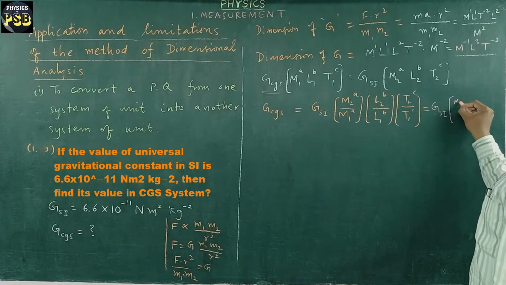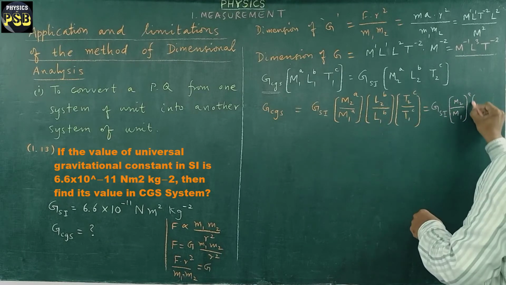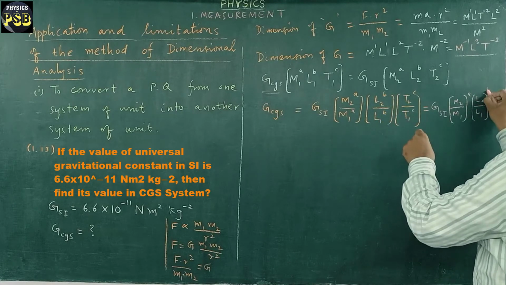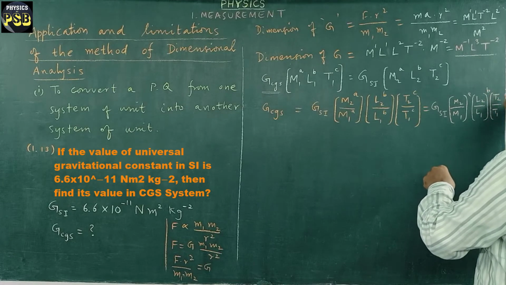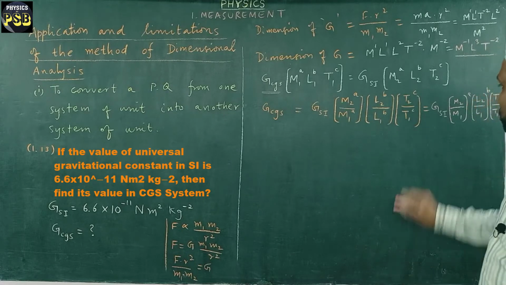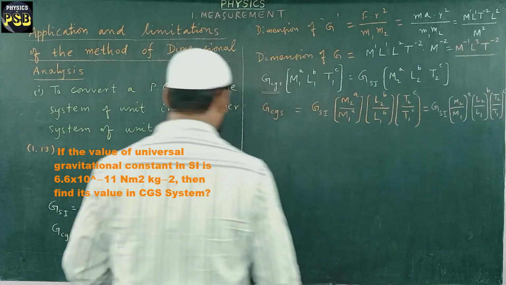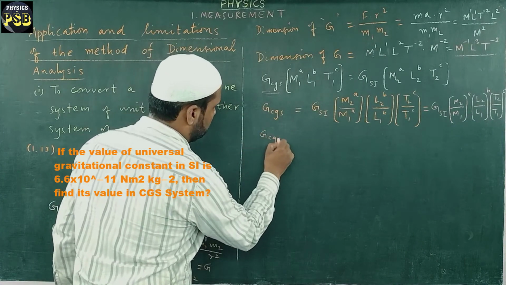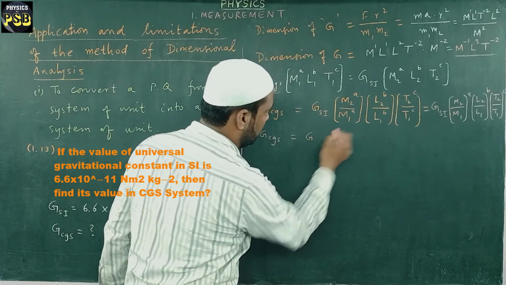So it is M2 divided by M1 power A, L2 divided by L1 common power B, and T2 divided by T1 common power C. Now we know the value of G in SI system, nothing but this, that I am going to mention later here. G in CGS system is equal to G in the SI system.